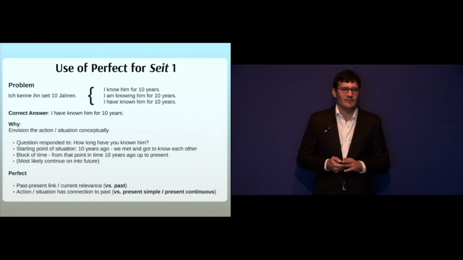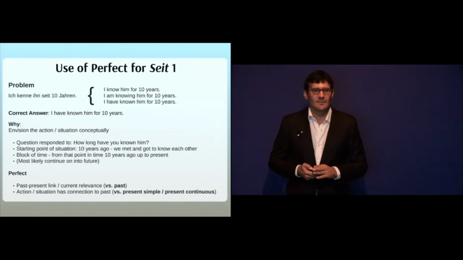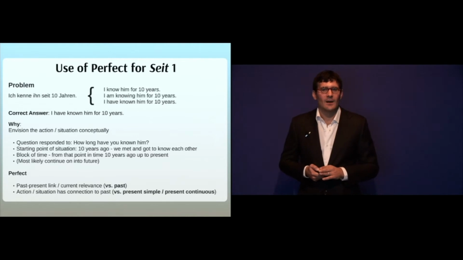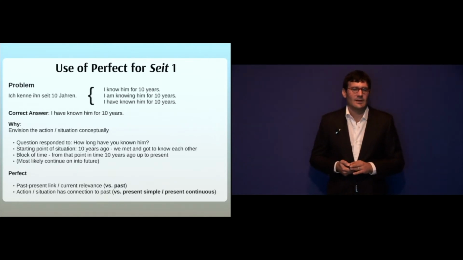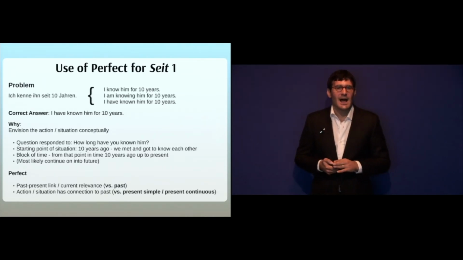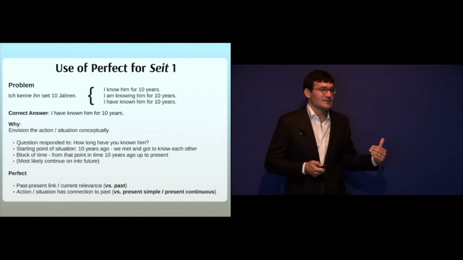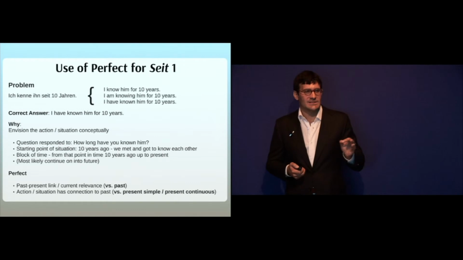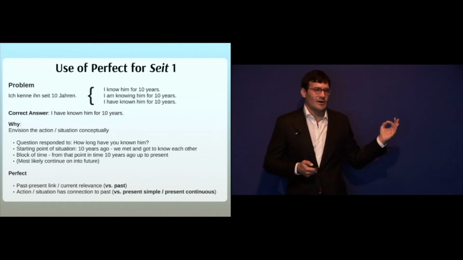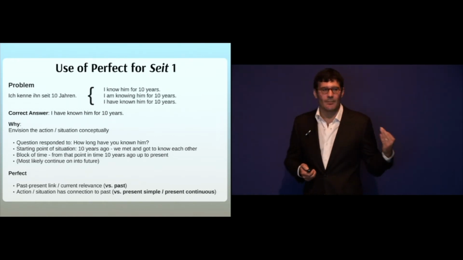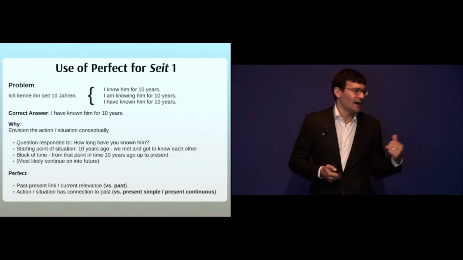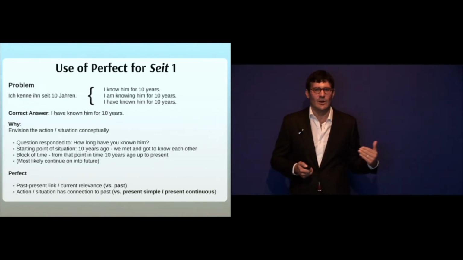So we use the perfect for a couple of reasons. The perfect has what we call a past-present link, or current relevance. So in contrast to the past, I met him 10 years ago, something that happened 10 years ago, I have known him for 10 years. It's an action that started in the past and stretches on up until the present time, me standing here with my friend looking at that guy talking and talking about how long I've known him.